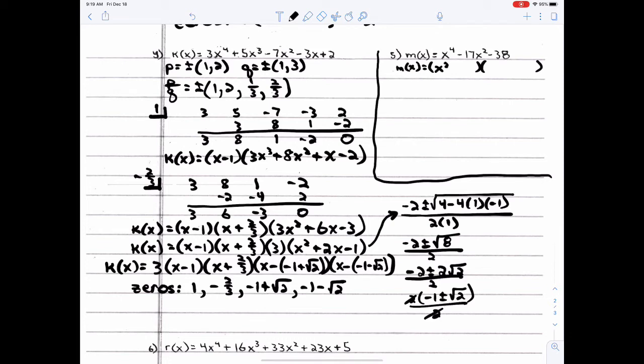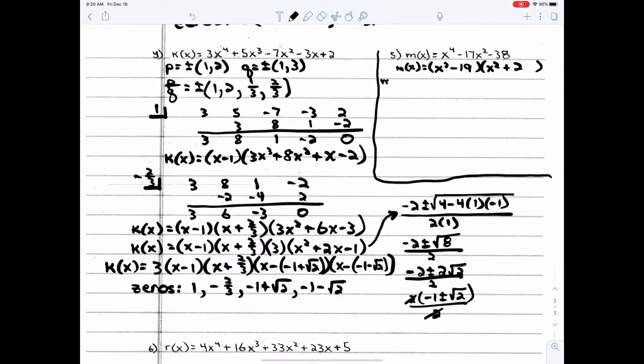So x squared times x squared gives us x to the 4th. What would give us negative 38? Again, this is just going to be trial and error, but it looks like negative 19 and plus 2. And that would give us a negative 17 in the middle.